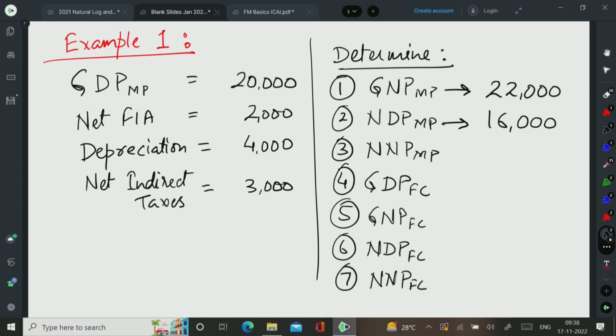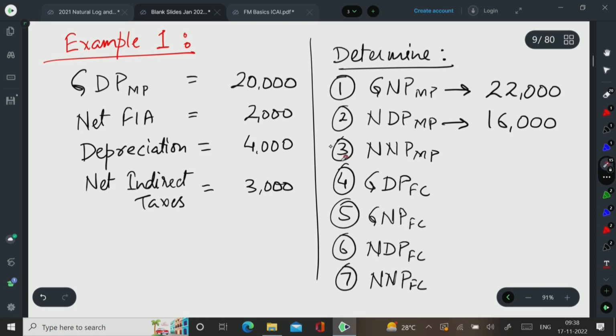Now we want to arrive at the next one, that is NNP at market price. To arrive at NNP at market price, we already have NDP at market price. We have net domestic product at market price. We want to arrive at net national product at market price.